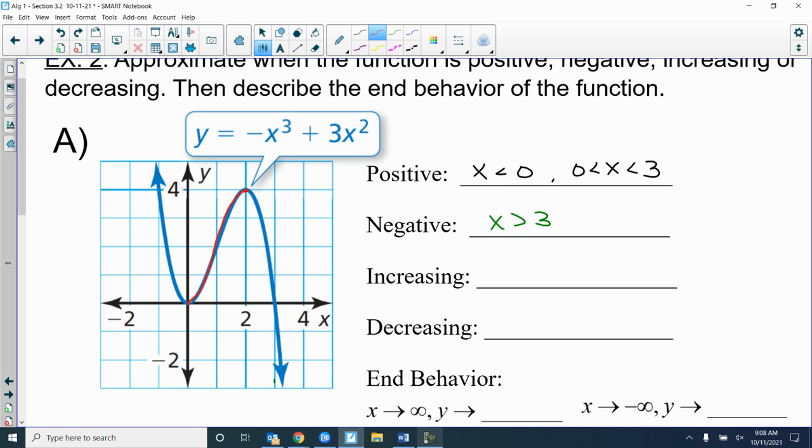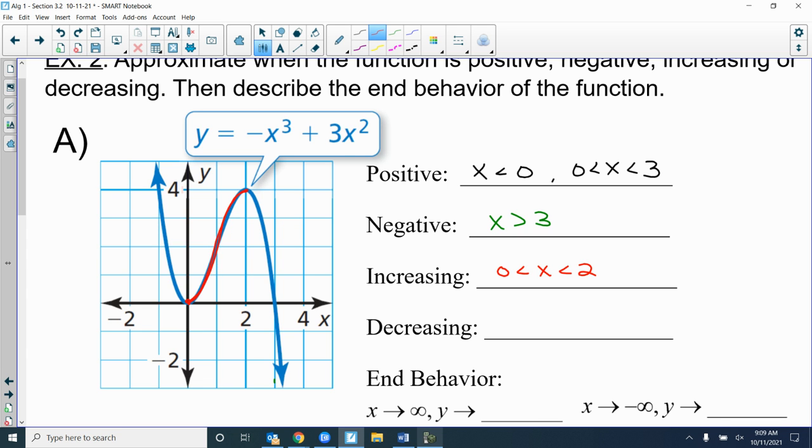That is where it's increasing. That is where it's going uphill. Then after that and before it changes, how do you describe the x values for this? Ryan, any ideas? What's the smallest x value for where it's increasing? 0. What's the biggest x value for where it stops? 2. So this is what you do. Since it's trapped in between there, 0 is less than x is less than 2. That would be increasing.